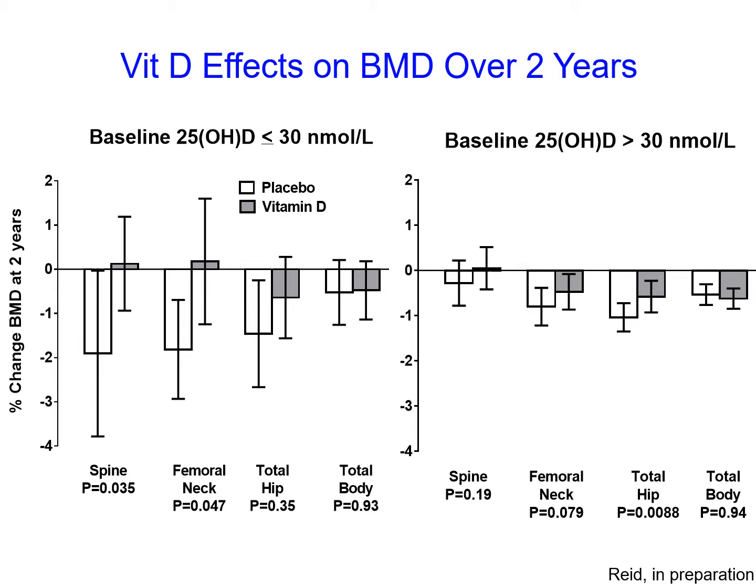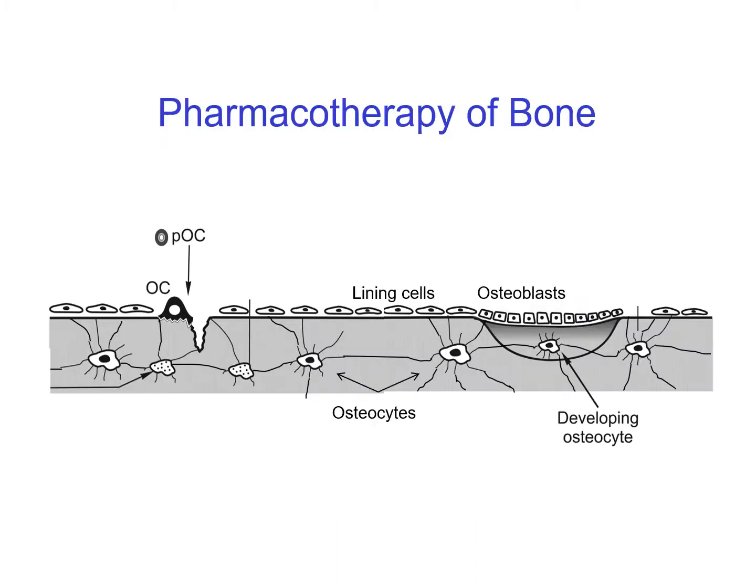So I think this allows us to say that there is a level below which we shouldn't let our vitamin D levels go, because our skeleton will suffer if we do, but it's actually a very low level, and probably we can identify the people who had these very low levels by the factors I've talked about before: almost never going outside, being permanently veiled, having very dark skin, and so on.